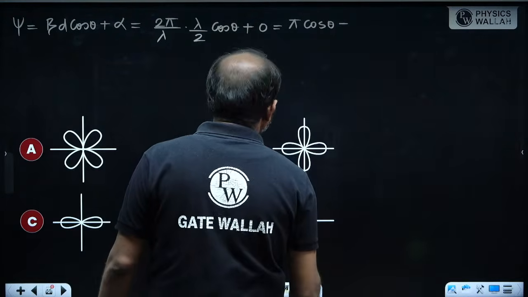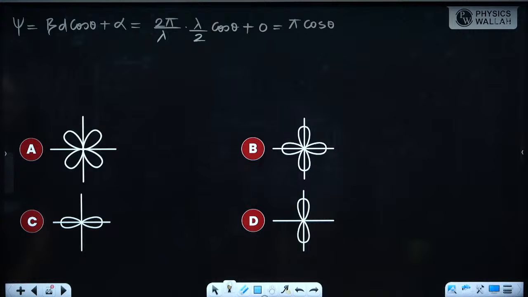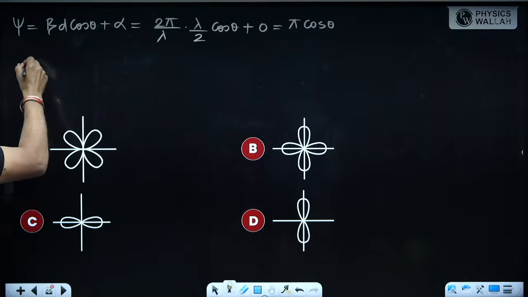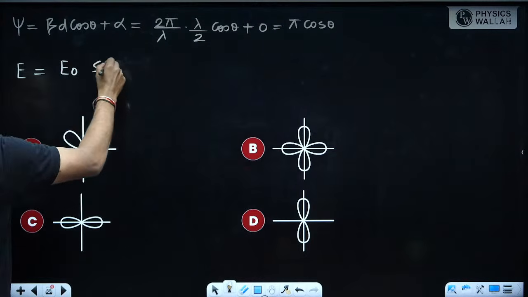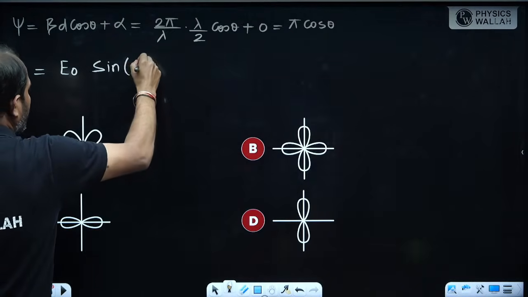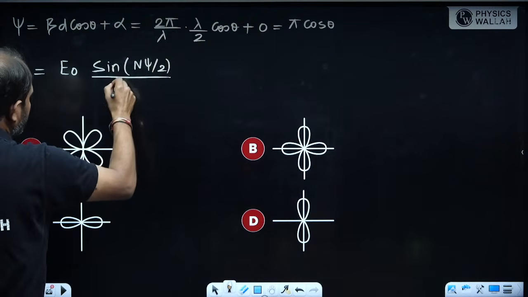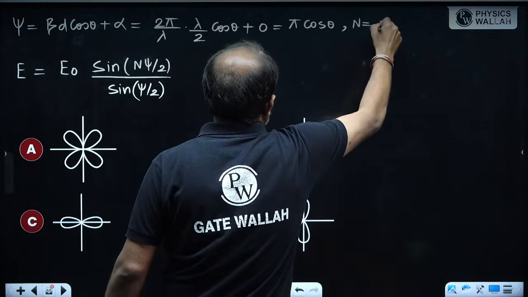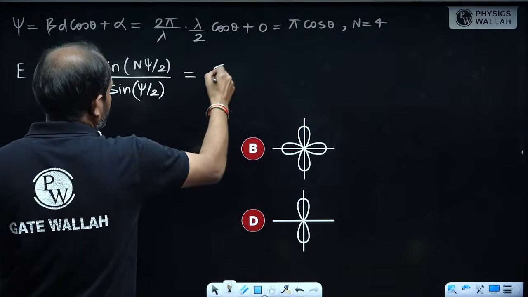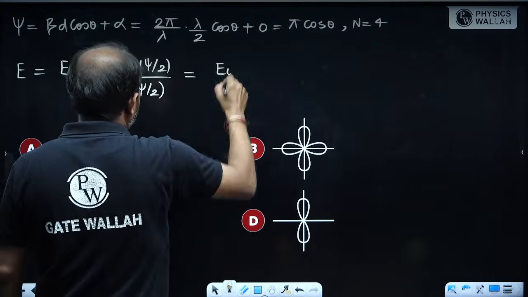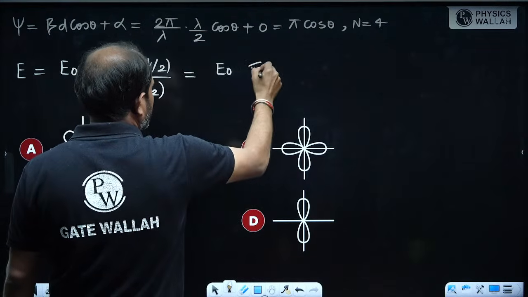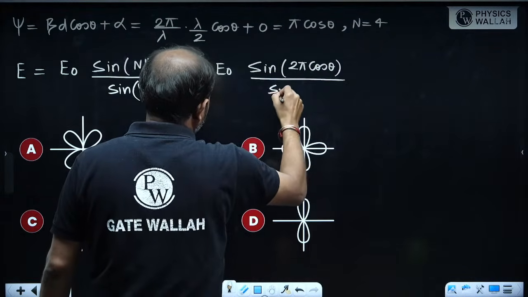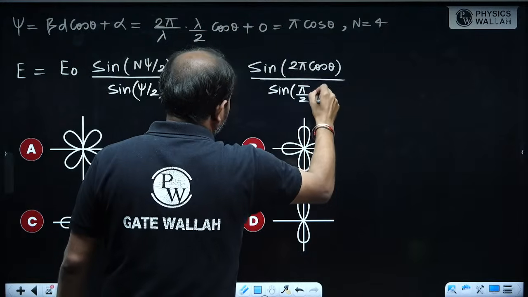Then n is equal to 4, so E is equal to E naught sin(n psi by 2) divided by sin(psi by 2), so 4 divided by 2 E naught, sin(2 pi cos theta) divided by sin(pi by 2 cos theta).